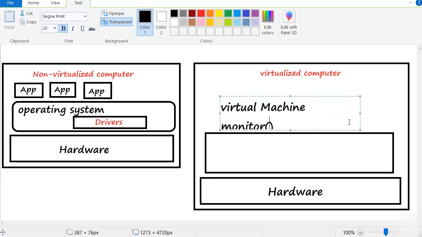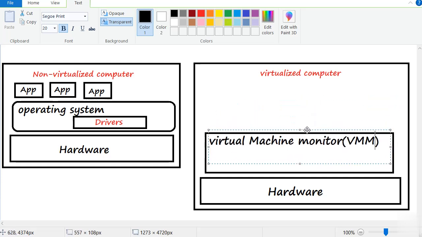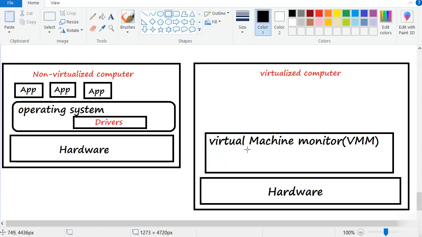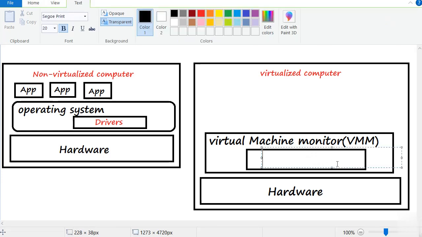It's nothing but VMs. VM, virtual machine, and to monitor that we have a virtual machine monitor. And we also have drivers in your virtualized computers.